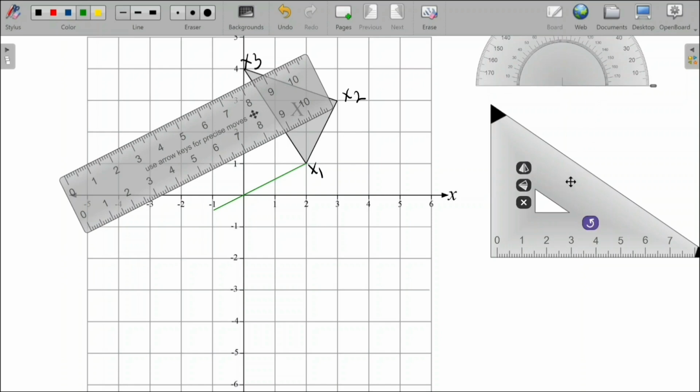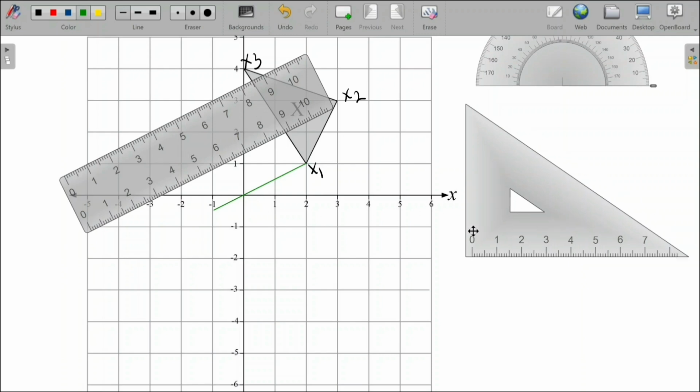But I think using the set square is easier. You just need to understand that this line to this line of your set square makes 90 degrees. So you just place it in a way that this side sits on the line about the center of origin, which is also the center of rotation.